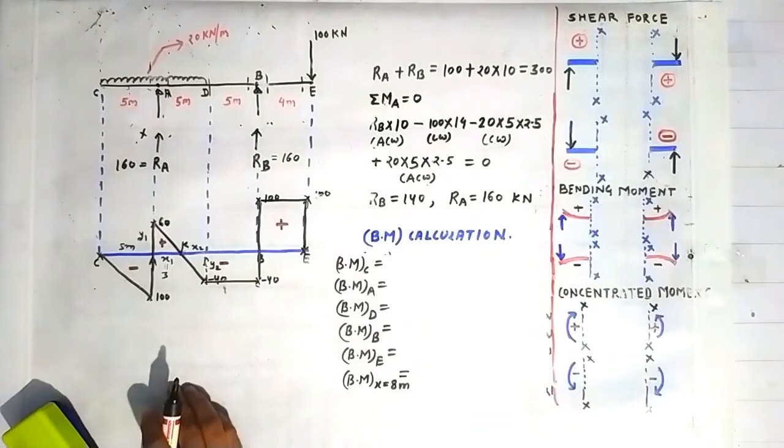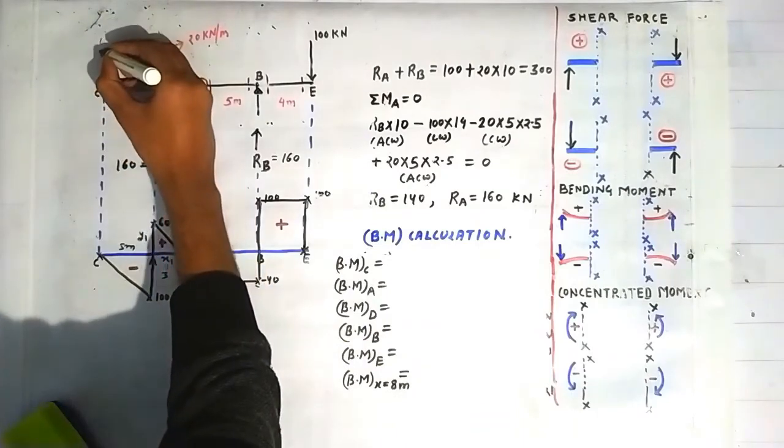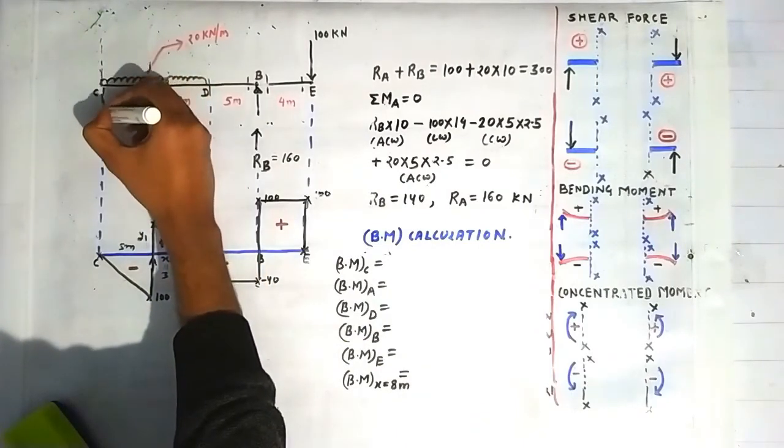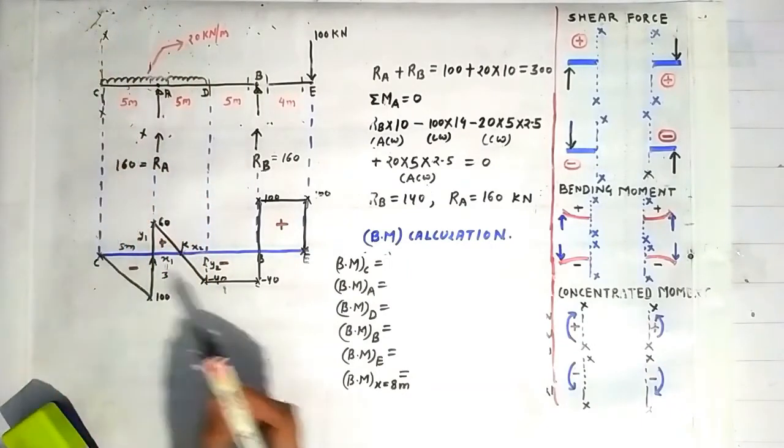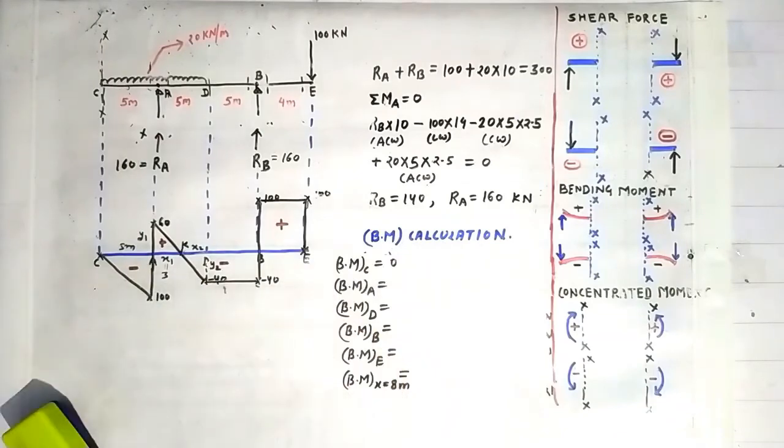Now friends, bending moment at the point C. For that we have to construct a section passing through this point C, and we know that the beam terminates at the point C, and on the LHS of this section nothing is lying, so the bending moment at the point C is 0.